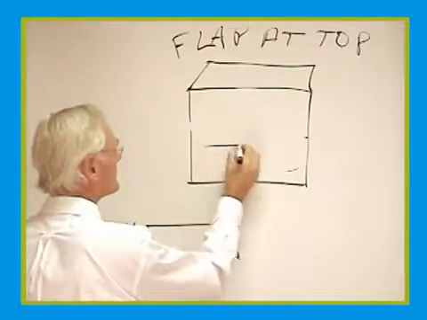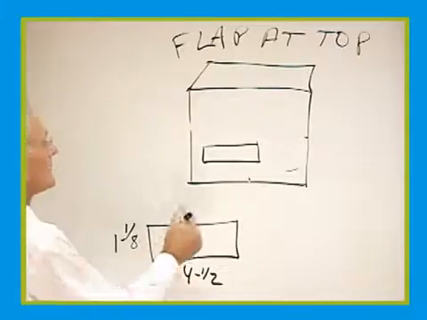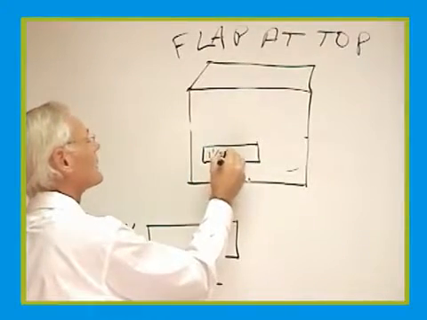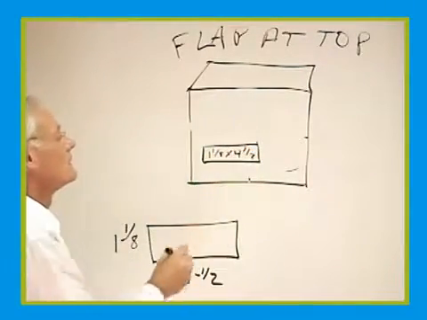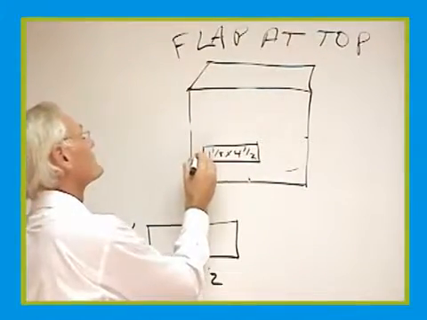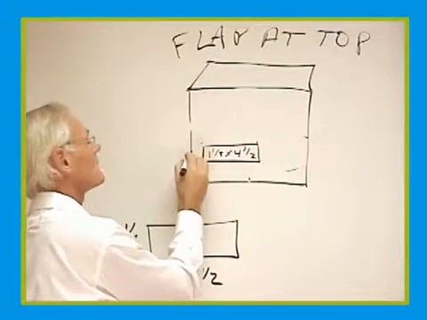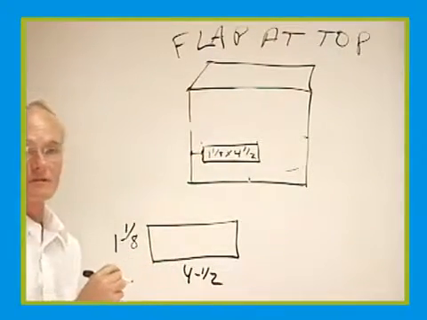If we're measuring a window that is here, and we've specified that it's a 1 1/8 by 4 1/2 window, we next want to position it. First is the position from the left. That's the measurement from the left edge to the window.